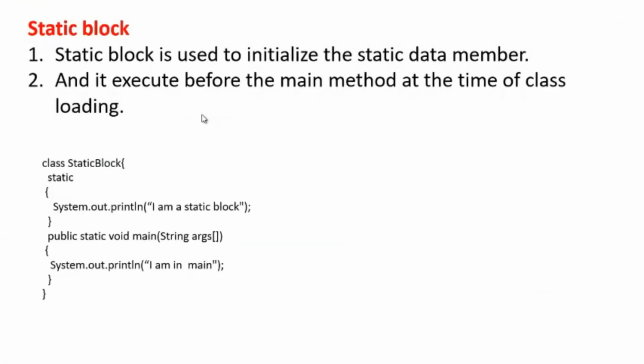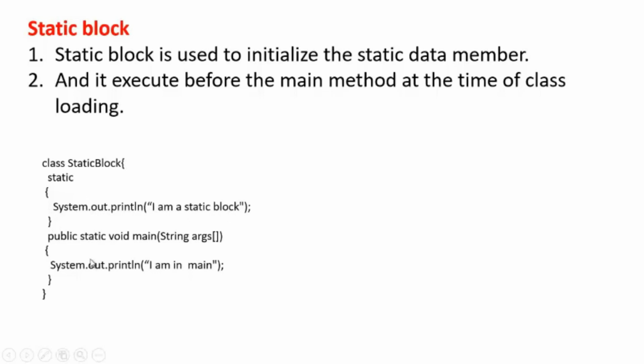Now the next one is the static block. So what is a static block? A static block is used to initialize the static data members, and it executes before the main method at the time of class loading. Block means whatever we write in curly braces. Here you see static, then the curly brace, then System.out.println, and I have written here I am a static block.